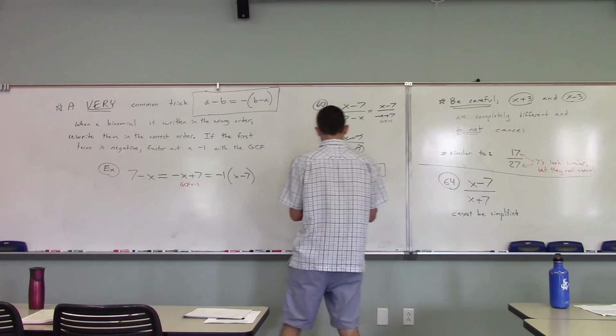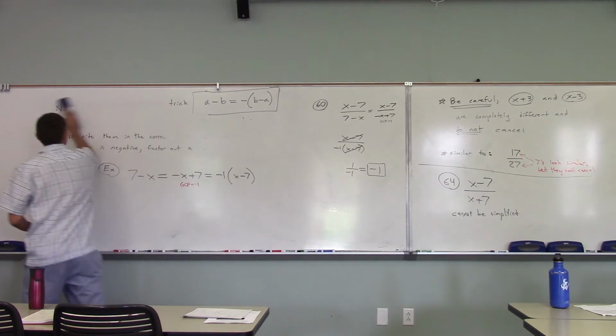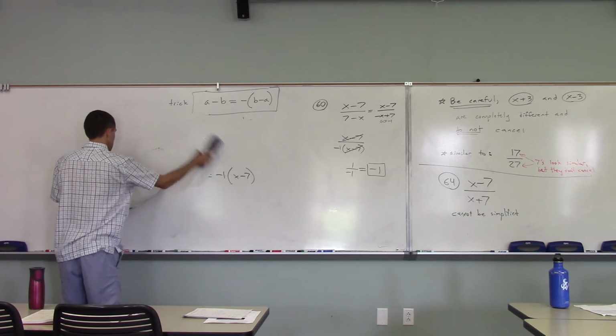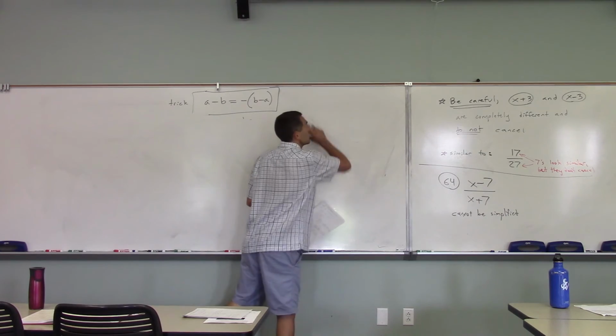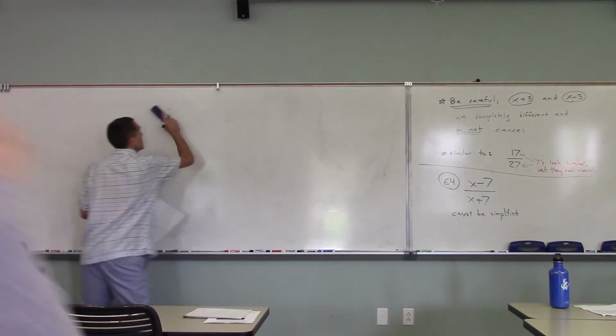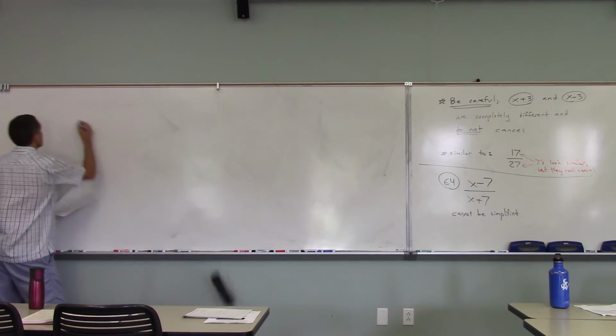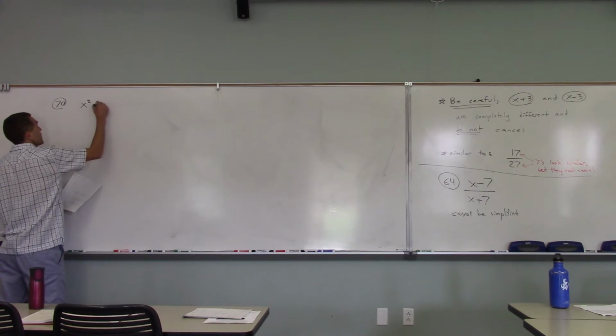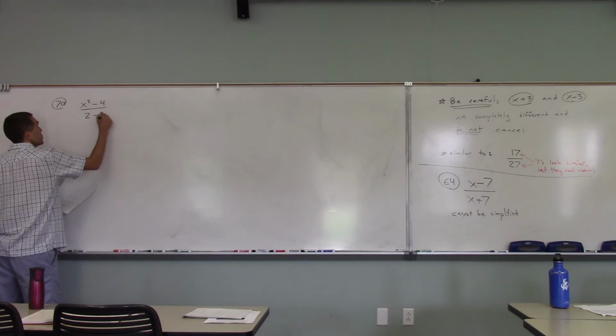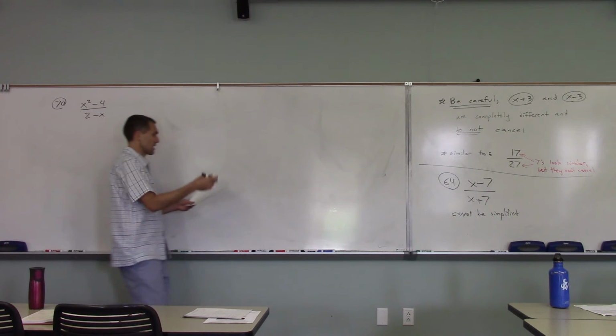Okay? Let's do 2 last examples together. Okay, here's 70. X squared minus 4 over 2 minus x. We're applying exactly what we just learned.